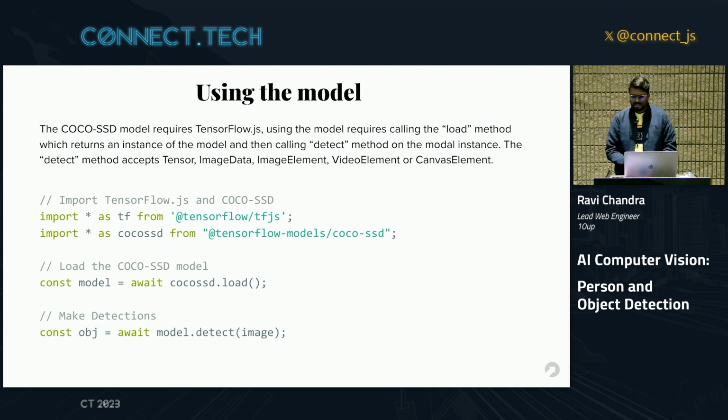It gives you an instance of a model. The model has a detect method which can either accept a TensorFlow tensor, or at least for the web, it accepts an image data object, image element, video element, or canvas element. So let's say you have an image in the HTML, you have an image element, you just get that element and you pass it on to model.detect.